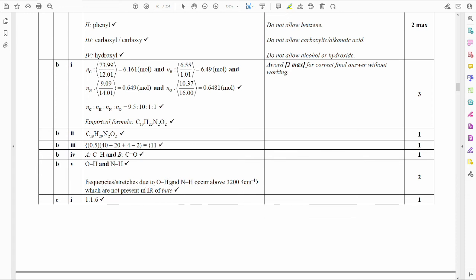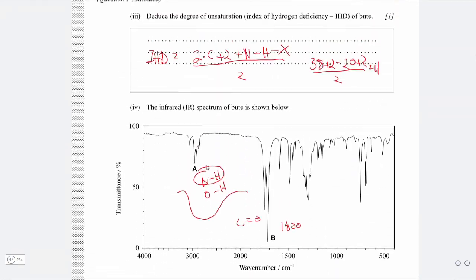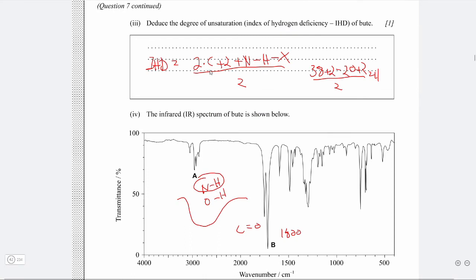Frequency stretches which occur above, which are not present. Am I looking at the correct question now? Okay, here's the question. Apparently this is a C2H, which I didn't know by heart. So I guess just look in the data booklet to find the one corresponding to a wave number approximately here, and not the sharp peak and not the broad peak.